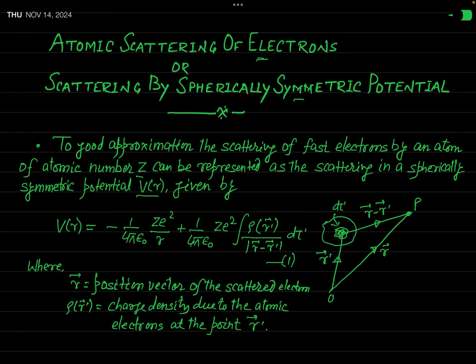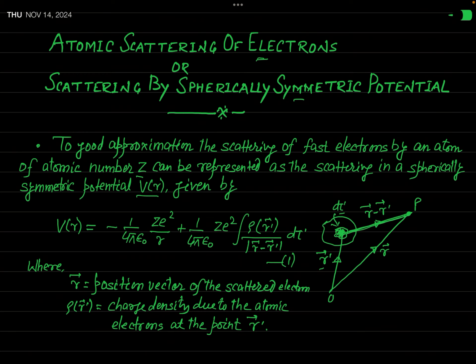Relative to O, the position vector of point P is R. Here is the source of potential, and I have shown an elementary volume of this source, d tau dashed, whose position vector with respect to the origin is r dashed. So relative to this elementary source, the position vector of the point of observation P is R minus r dashed.